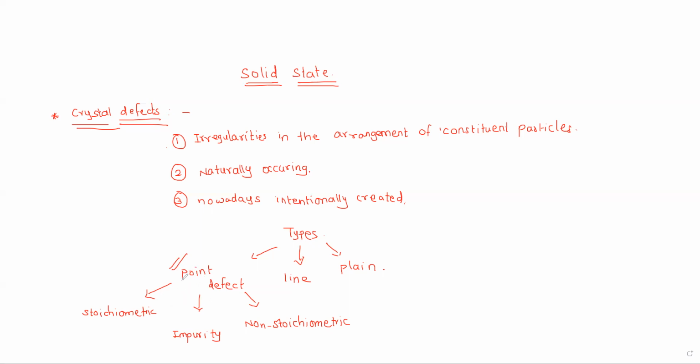Again, there are sub points under point defects, which are first stoichiometric, second impurity, and third non-stoichiometric. Next, we will see them one by one. First of all, we will see what stoichiometric defects are.